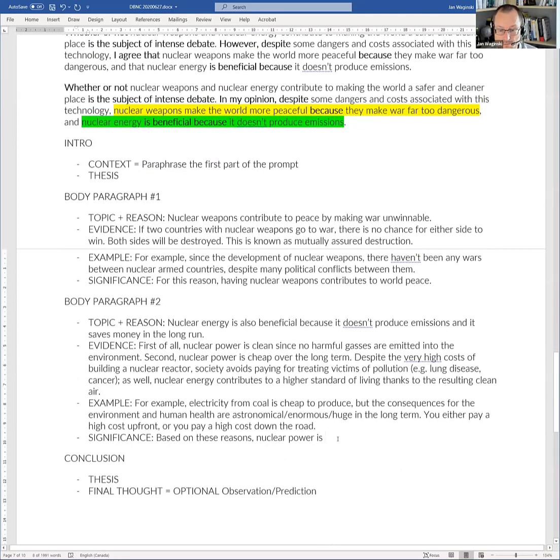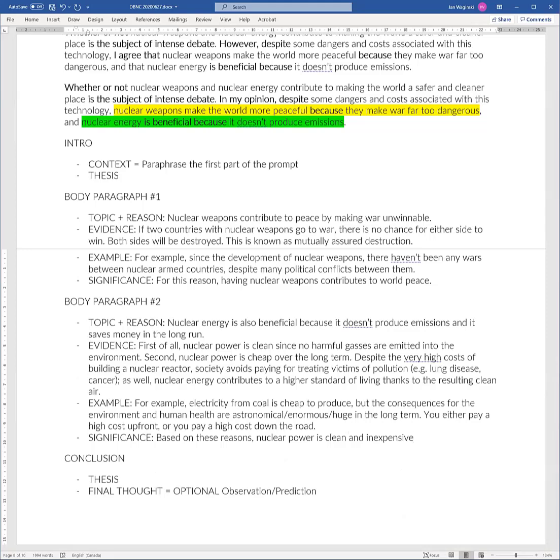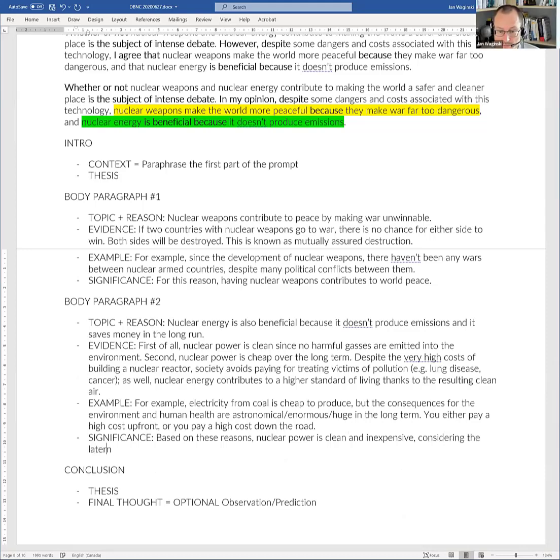Could you put, based on this reason, nuclear power is clean and inexpensive? Okay. And I'm just going to add this, considering the alternatives.